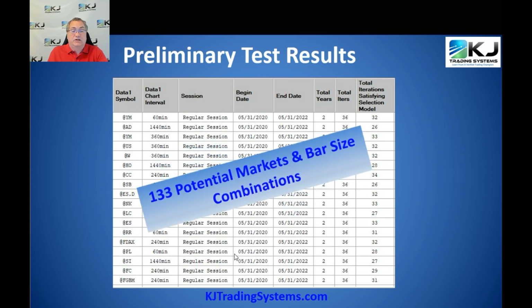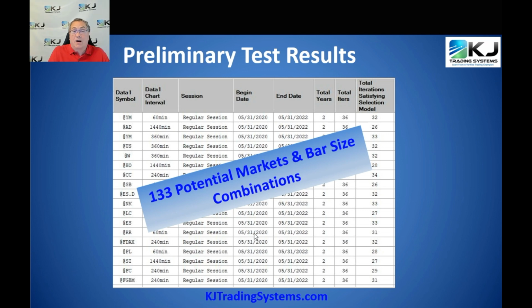Altogether, I'm only showing you a handful of them. There were actually 133 different combinations of the two that worked. So it worked in quite a few different areas. Of course, that's only a 2-year test. That's not the final test. That's just a preliminary test. And that's part of the process I use to build systems.